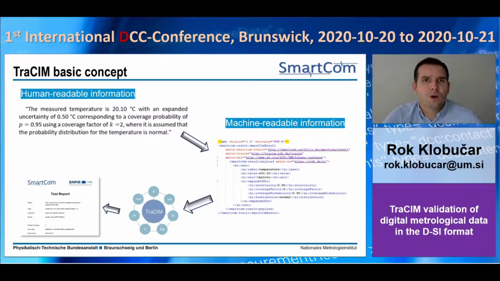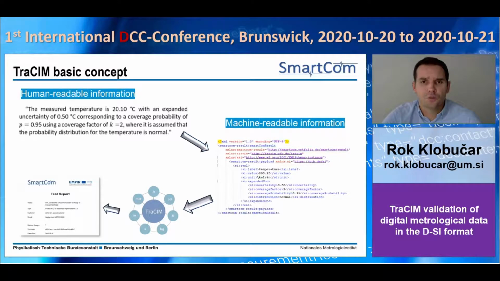Here is the basic concept of the TraCIM service. We have human readable information with temperatures in Celsius, expanded uncertainty, coverage probability, coverage factor, and probability distribution. Then we need to convert this human readable information into machine readable information.